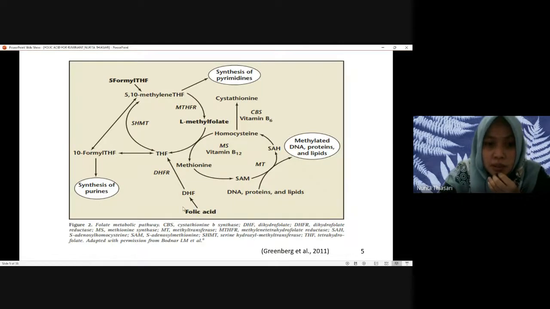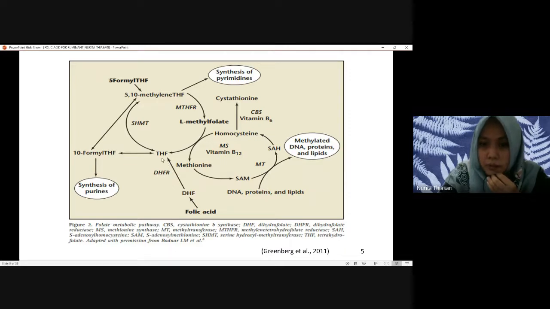And this is the folate metabolic pathway related with the formation of methionine. So the folic acid will convert into DHF or dihydrofolate with the dihydrofolate reductase.